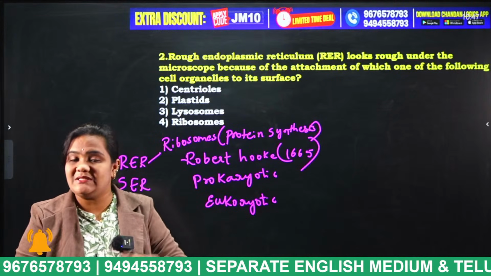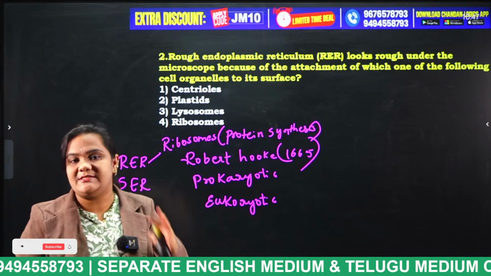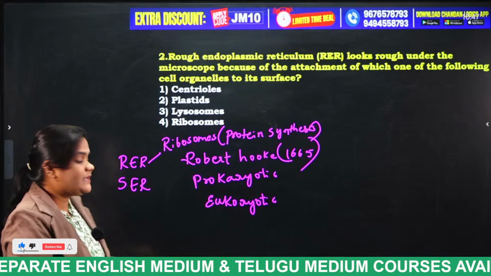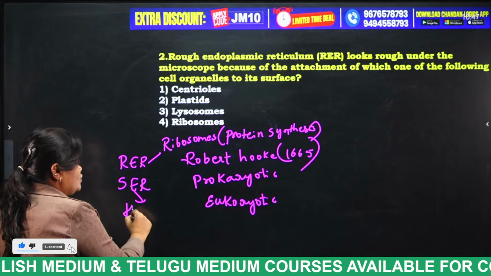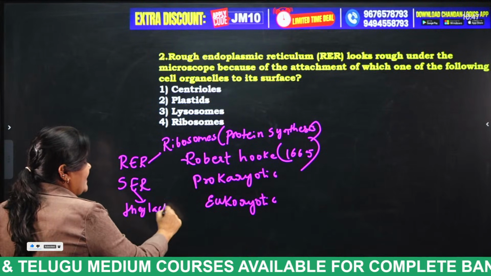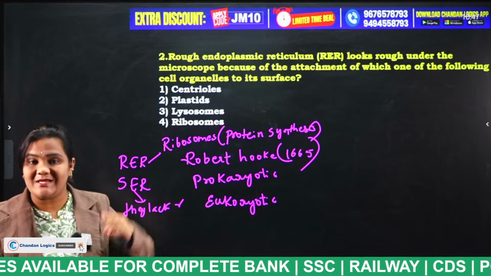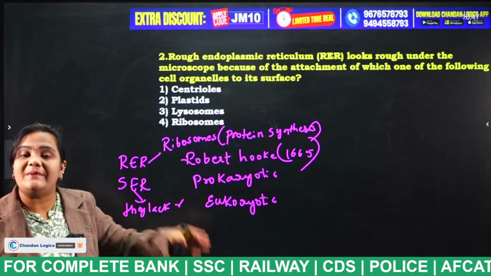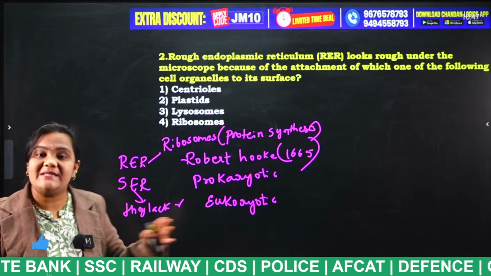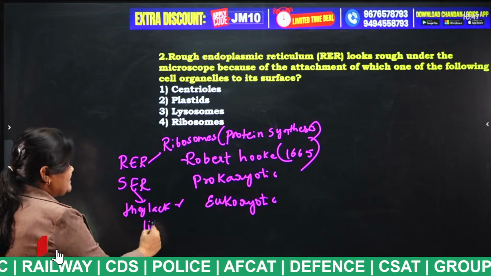So what happens in the ribosomes? Protein synthesis takes place. And smooth endoplasmic reticulum lacks ribosomes. That means ribosomes are absent in smooth endoplasmic reticulum, and it synthesizes lipids.